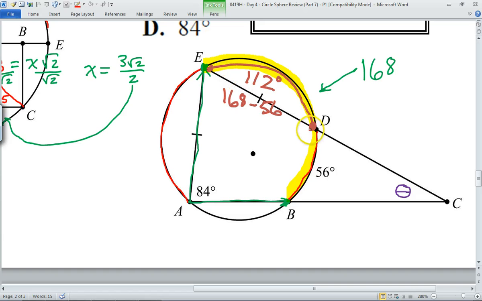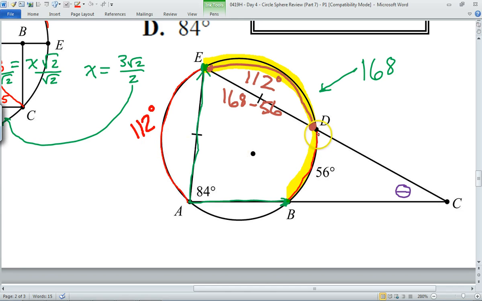AE and ED. They're the same. We're told that right from the beginning. These two are the same. So you should be able to immediately tell me the measure of this red arc right now. It will also be 112. Okay? Symmetry. These two match. If this is 112, this is 112.